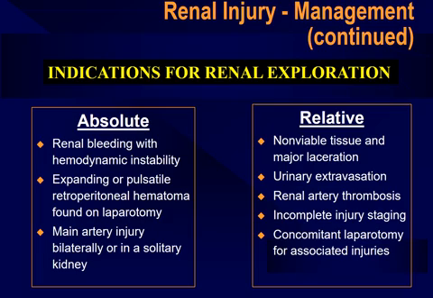The relative indications include non-viable tissue and major laceration, significant urinary extravasation, renal artery thrombosis, incomplete injury staging in special types of patients, or a patient who has to undergo laparotomy for concomitant injuries elsewhere in the abdomen.